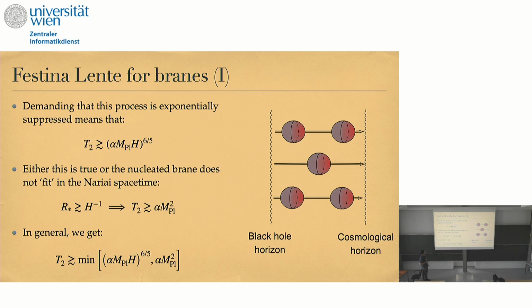And it's similar in flavor to the Festina Lente bound. So either this is true, or the nucleated brane does not actually fit between these two horizons, and this gives you another condition on the tension, which is also a lower bound. So either this is true or this is true, and in general, T2 has to be larger than the minimum of these two.